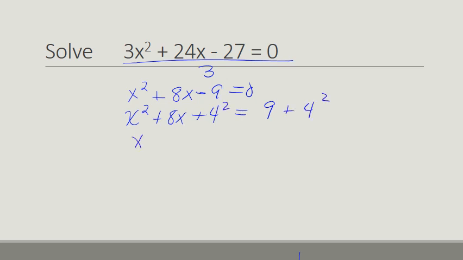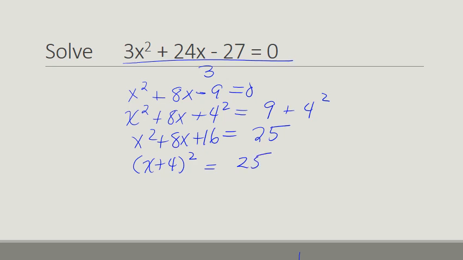Okay, so I get x squared plus 8x plus 16 equals 25. Now this factors to x plus 4 squared equals 25.